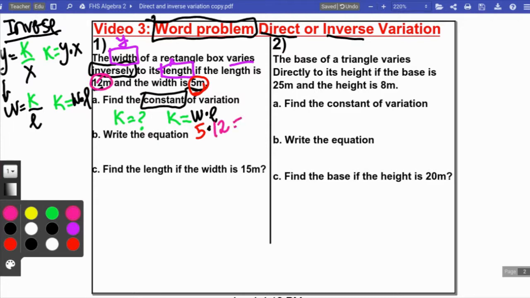When you multiply that, you get 60, and that is your answer. We're good? I put that in green because I always put my constant in green for some reason. A is done.